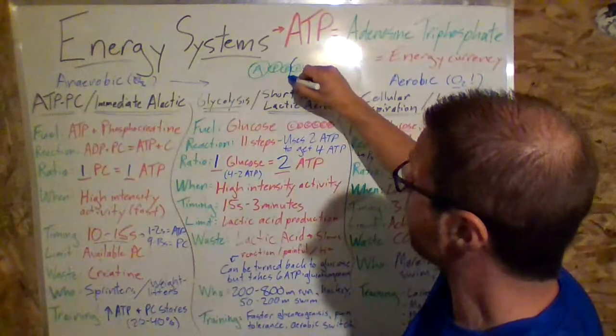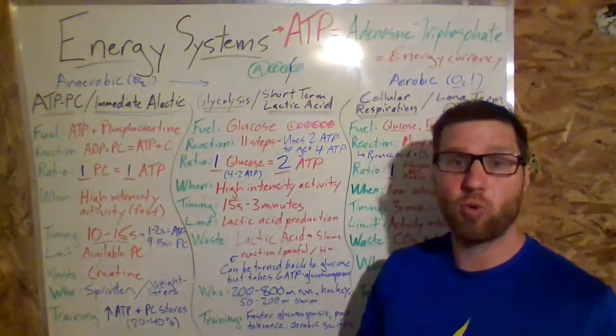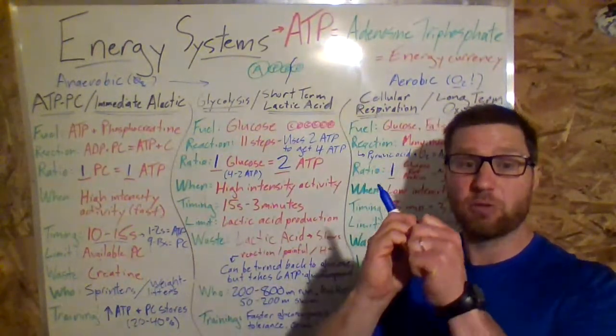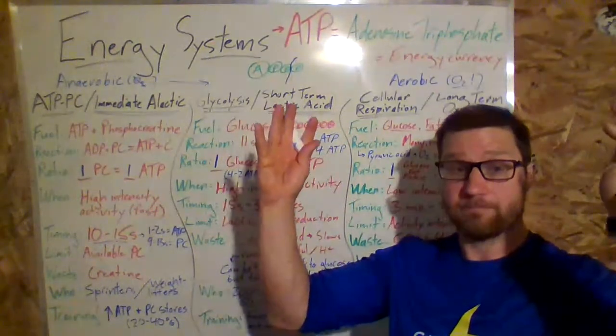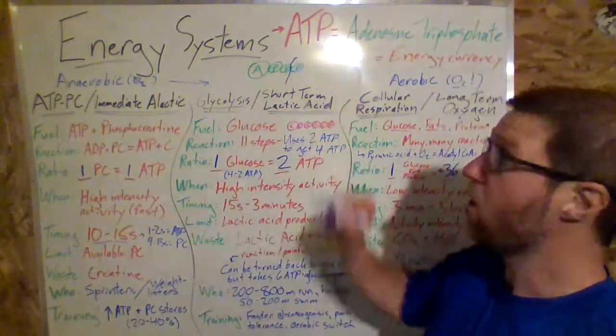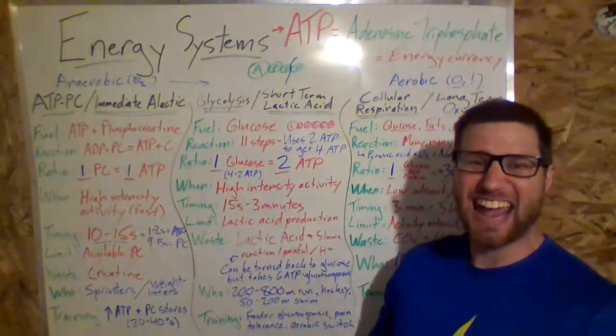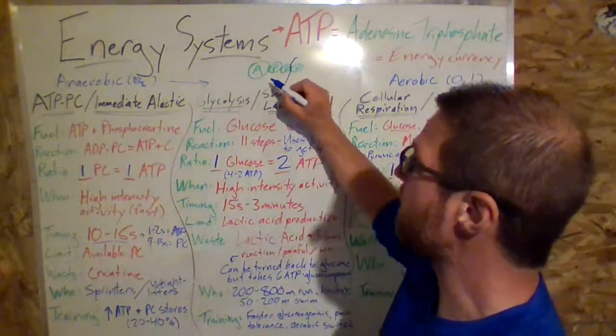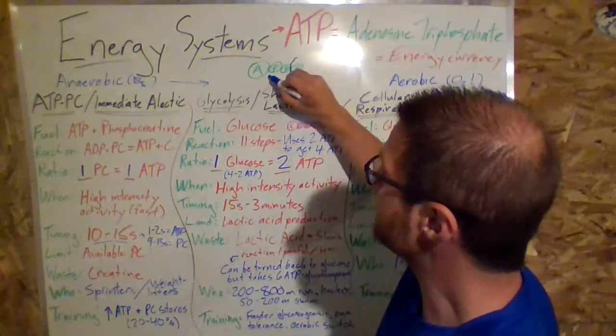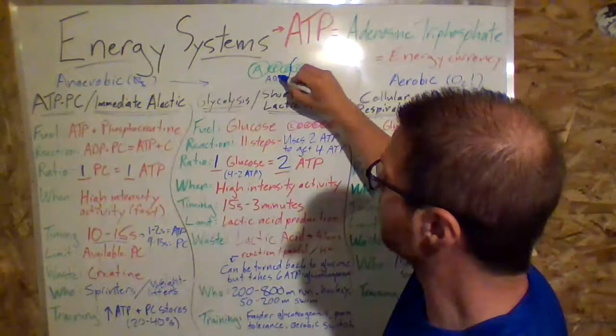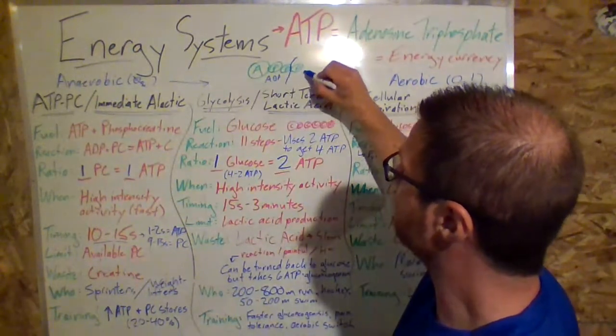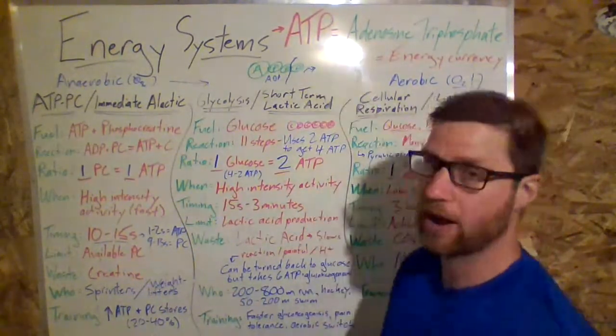So here's my water, and I've broken off one of my phosphates, and that releases energy. Okay, that's my energy release. What I'm left with is ADP, adenosine diphosphate. So ADP is the result, and then I have this free phosphate that will be floating around.